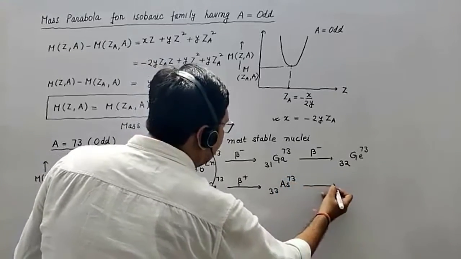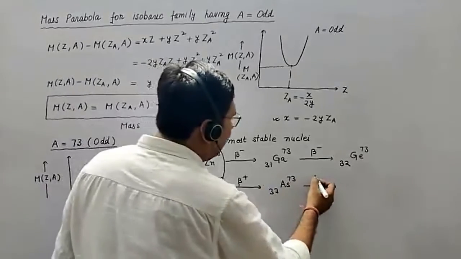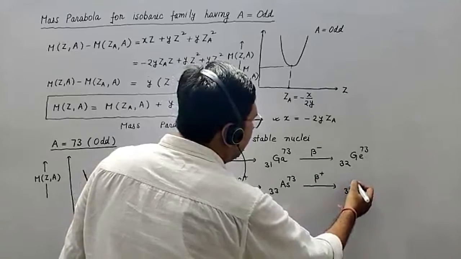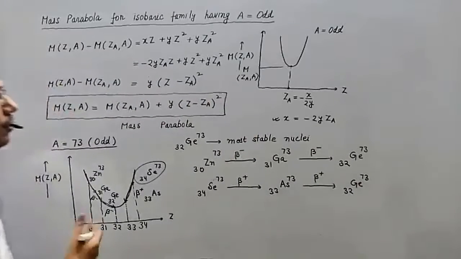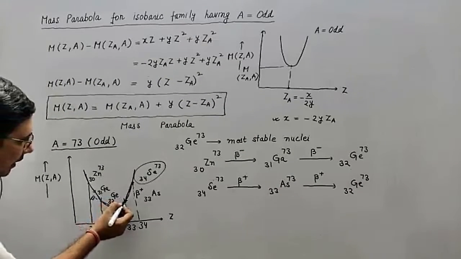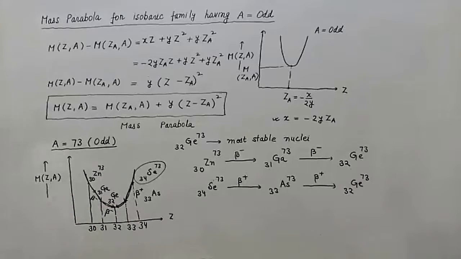This 33As73 also has a number of protons higher as compared to the stable nuclei, so again it will emit a beta plus particle and convert into the most stable nuclei of this isobaric family. So on the basis of this type of analysis, we can predict whether a nuclei in an isobaric family will emit a beta plus particle or a beta minus particle.